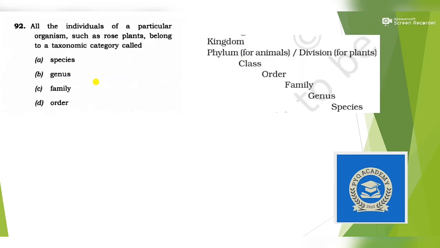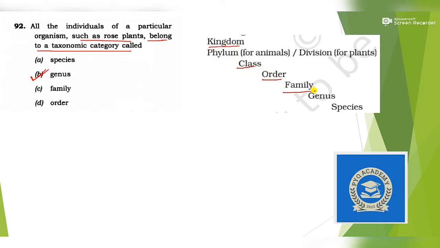The next question: all the individuals of a particular organism such as rose plant belong to a taxonomic group called, this is the definition of genus. The answer is option B, genus. You can find this in the given NCERT, the hierarchy of divisions.